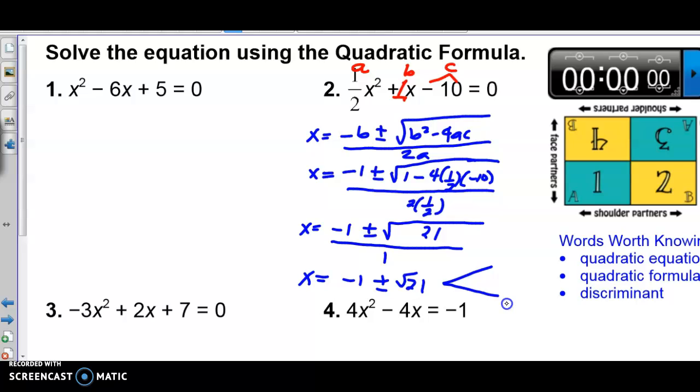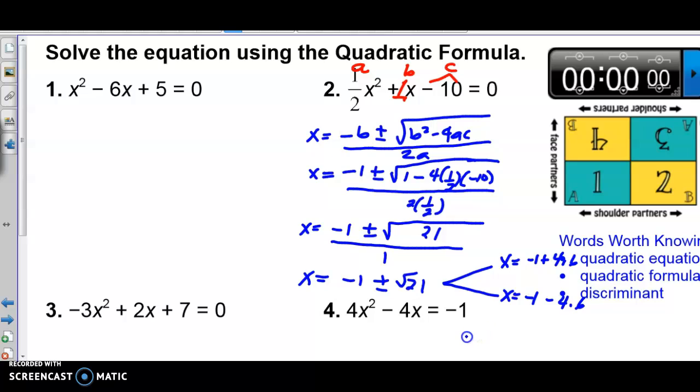If you round that off to the nearest tenth, square root of 21 is approximately 4.6. So that means x is equal to -1 plus 4.6, or x is equal to -1 minus 4.6.